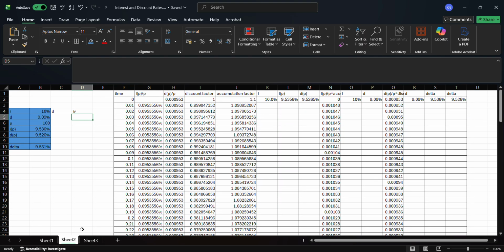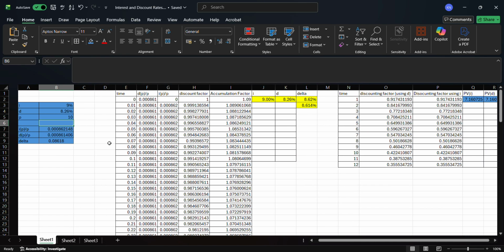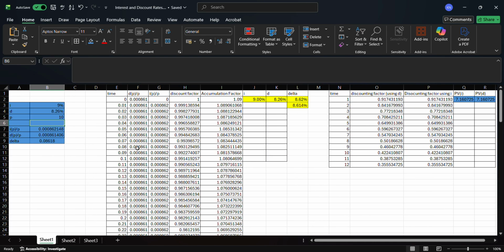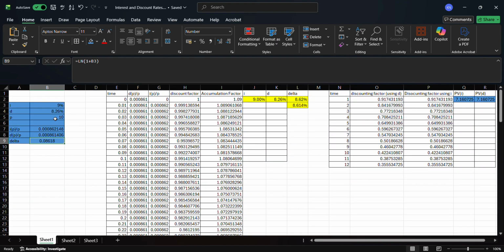I have a separate sheet where I approximated the delta, where the force of interest is 8.618%, and I divided my sub-intervals into p equals 100. I just changed that here.